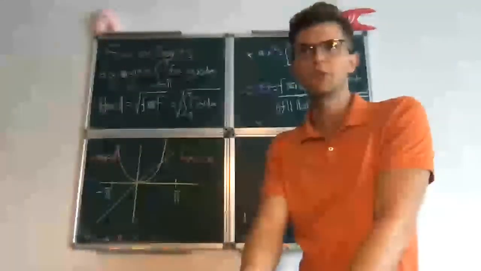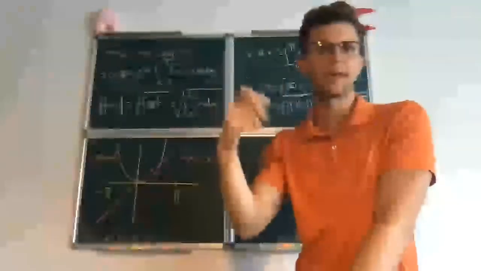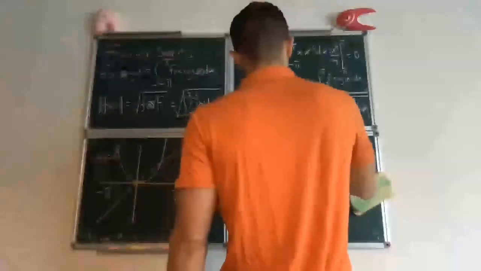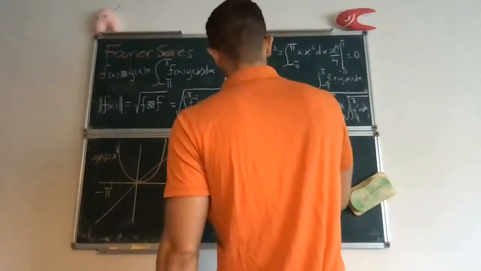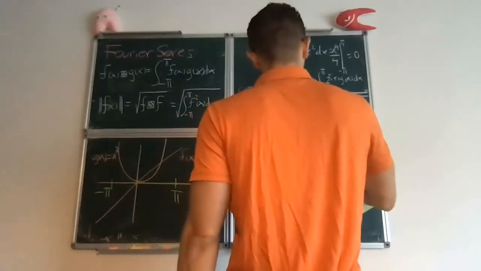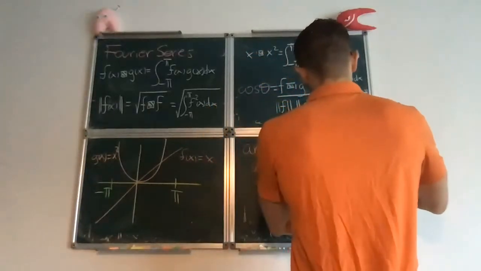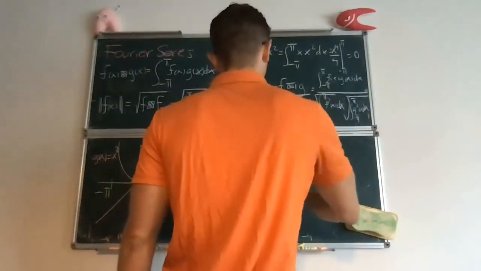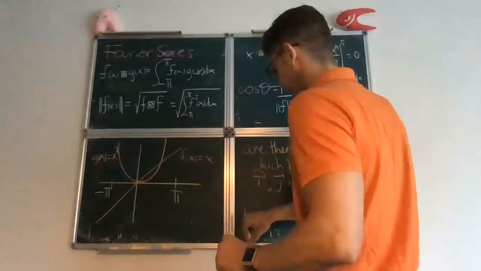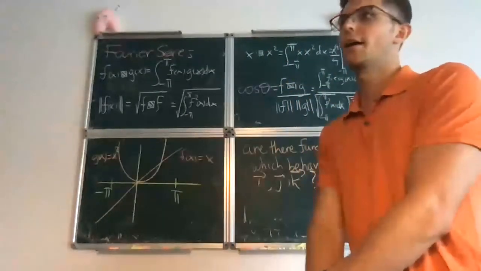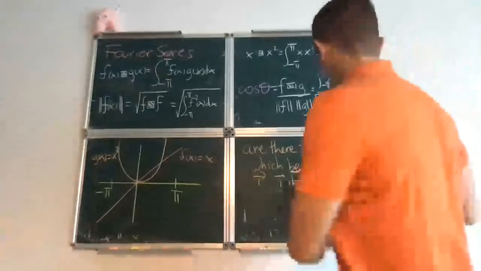And so the point is, once you know this, you can also try to find functions that behave like i, j, and k. So you could also ask, are there functions which behave like the unit vectors i, j, and k? And the answer is that essentially there are.